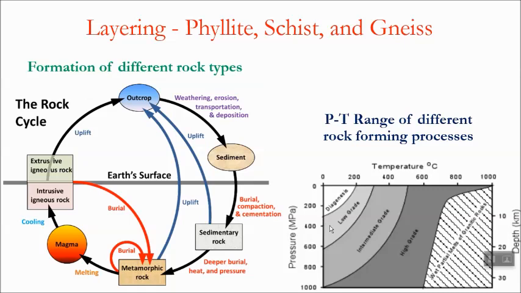So slaty cleavage was forming at a temperature of 250 degrees to 350 degrees centigrade. So slowly we go into the lower grade metamorphism. Slaty cleavage is formed in the low grade metamorphism. So now we can understand why we are discussing this metamorphism here while discussing the cleavage.